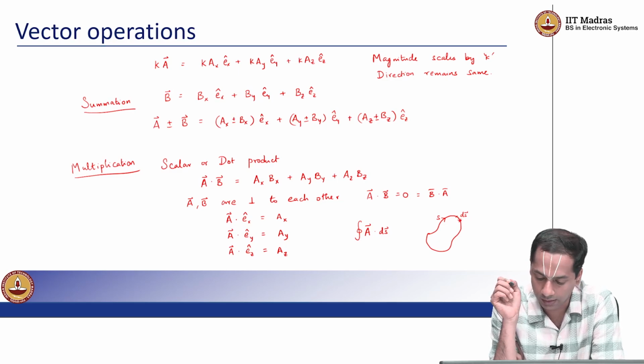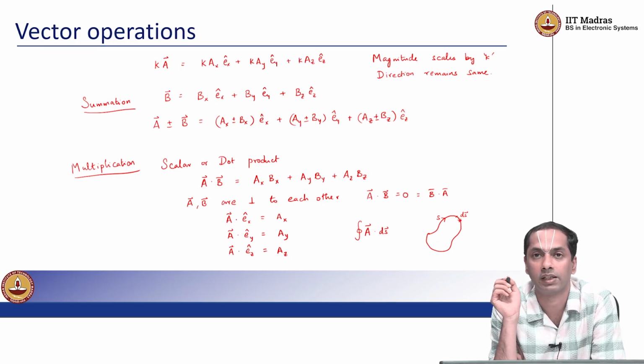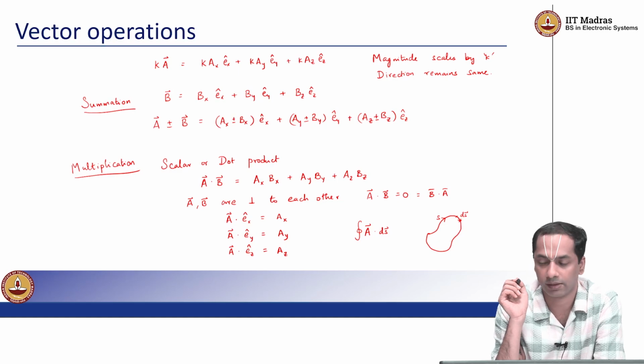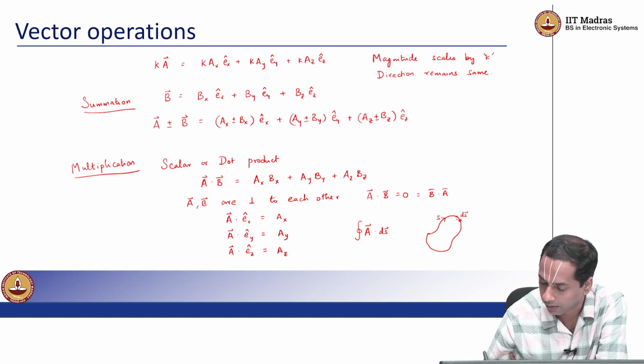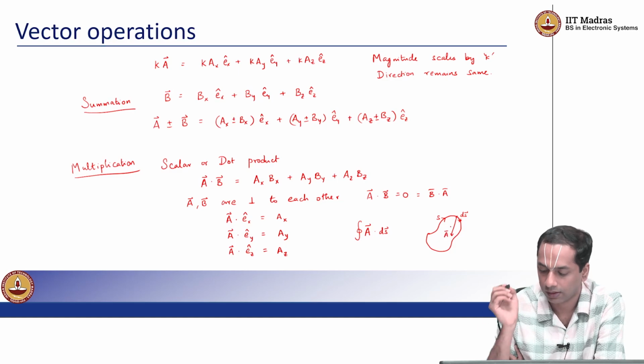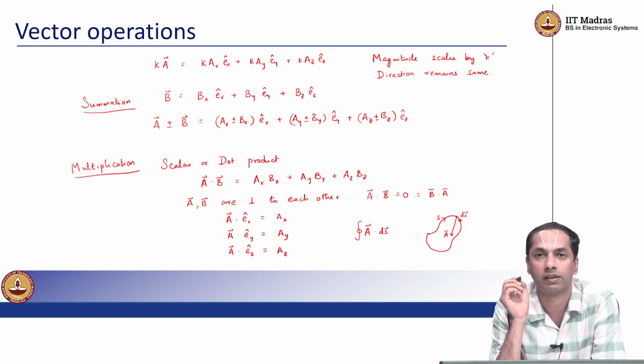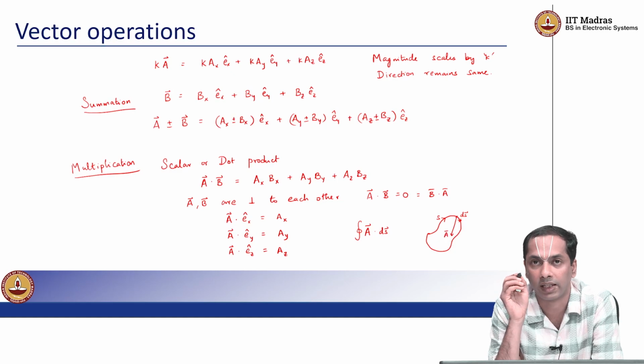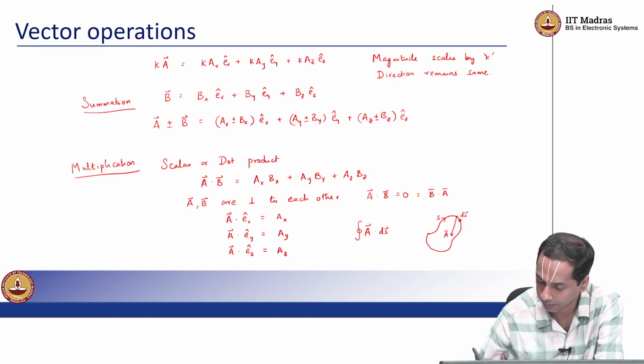And in this integral, you have the integrand which is A dot ds, and if A were pointing arbitrarily in some direction, this A dot ds, right, the dot product between the vector and the line element ds is essentially asking the question how much of the vector is aligned in the direction of ds, right.